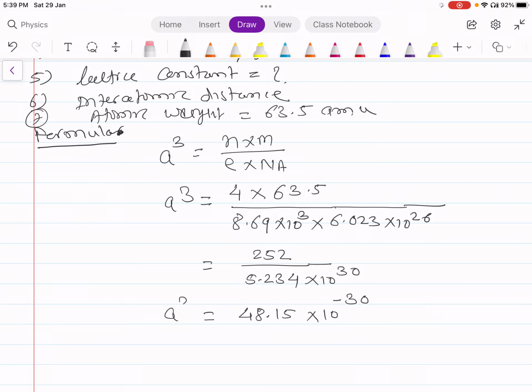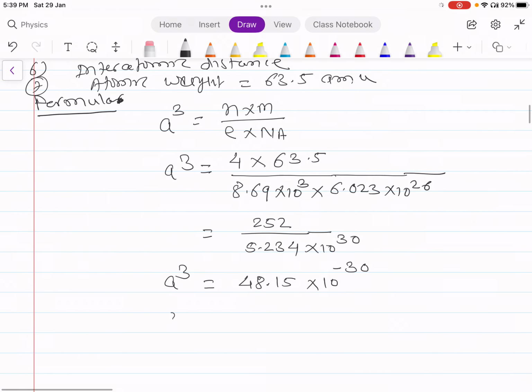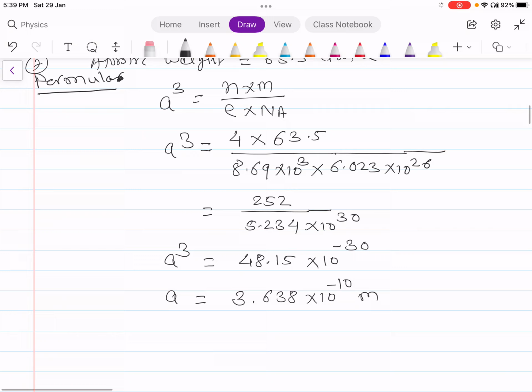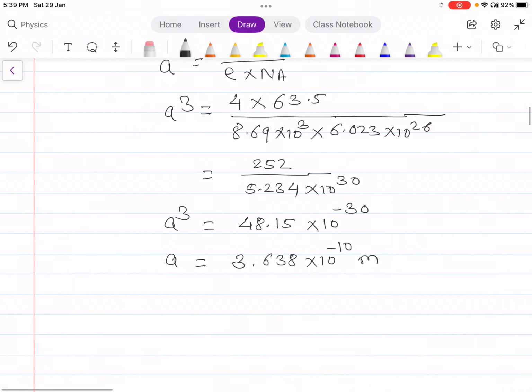This is equal to a cubed. And so a is equal to 3.638 into 10 to the power minus 10, and this is in meters. So we got the value of a, the lattice constant, which is 3.638 into 10 to the power minus 10 meter.